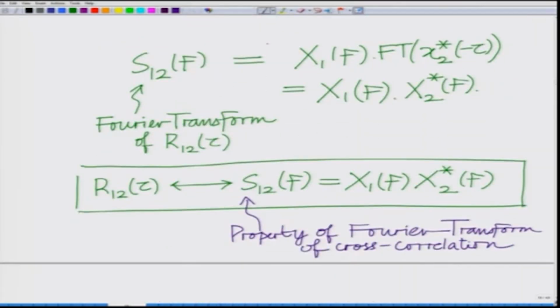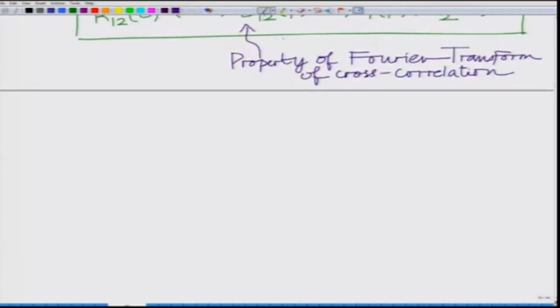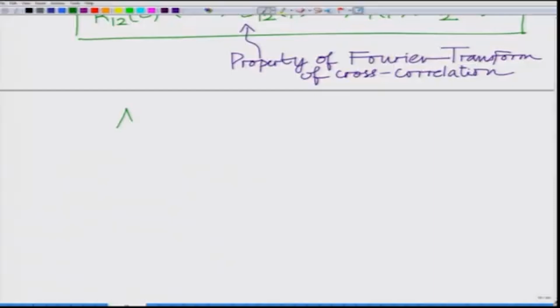Okay. Now, we are going to consider a special case of the cross correlation, that is the autocorrelation. If I replace x2(t) by x1(t) itself, that characterizes the degree of self similarity of the signal x1(t) for a lag of tau, and it becomes the autocorrelation.